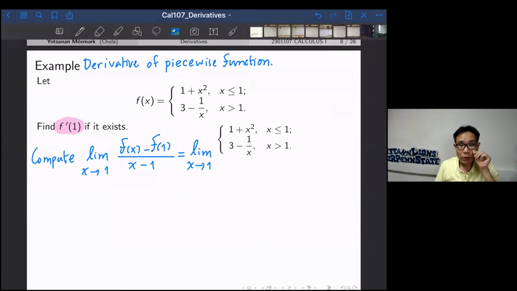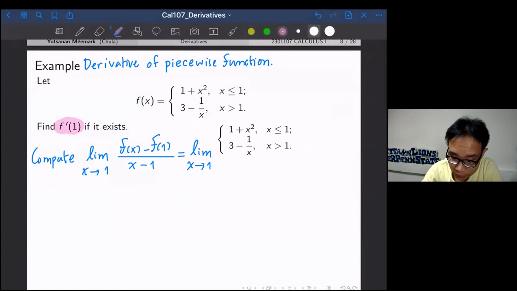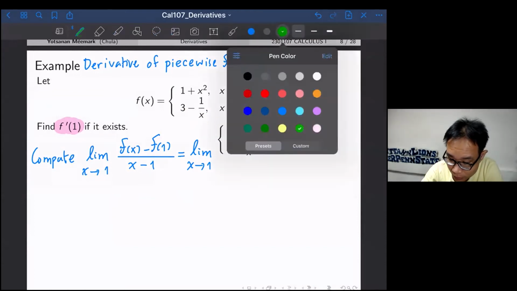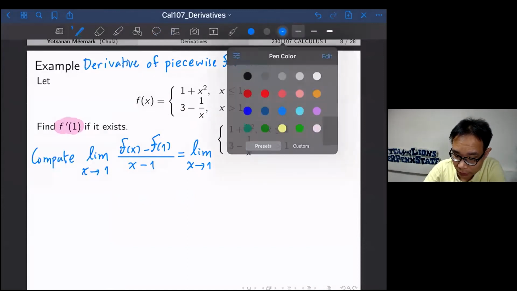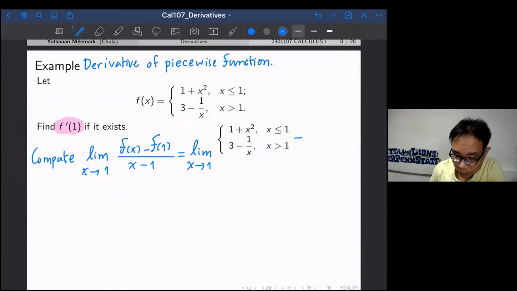Okay, so you see that this is your f(x). Let me erase something out. I don't need this semicolon and I don't need the full stop. So this is my function, and then I'm going to subtract f(1). What is f(1)?